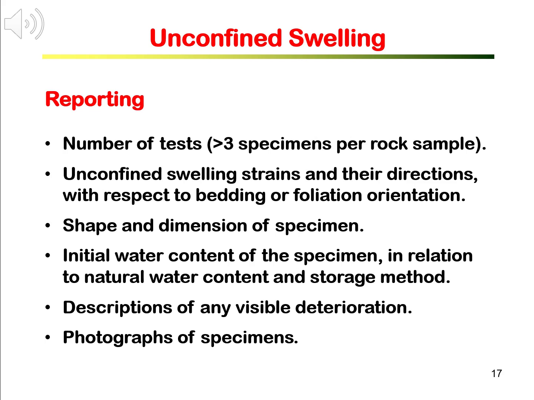It is almost a standard requirement that the test report should include descriptions of the sample, log type, location, how the sample is collected and stored, the initial or natural water content, and color photos of the specimen and the test setup with apparatus. Typically, there should be at least 3 specimens per log sample for the measurement.